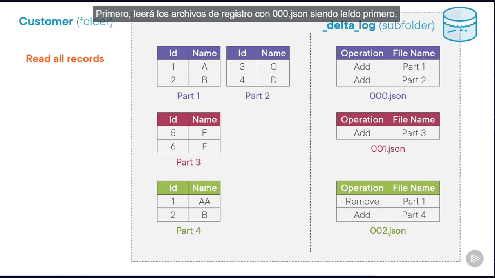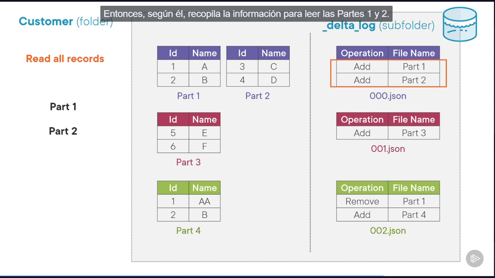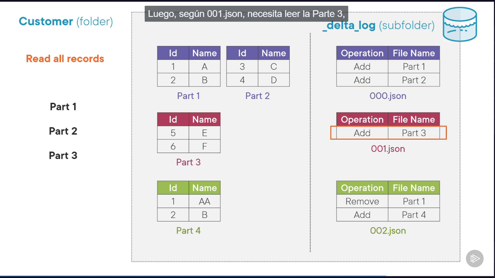First, it will read log files with 0.json being read first. So according to it, it collects the information to read part 1 and 2. Then according to 1.json, it needs to read part 3. But according to 2.json, part 1 is not required. So it will remove part 1 from reading list and then add part 4 to reading list.